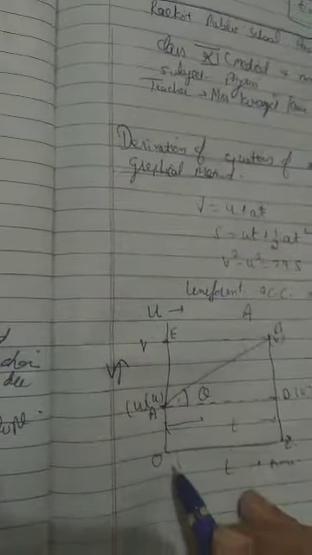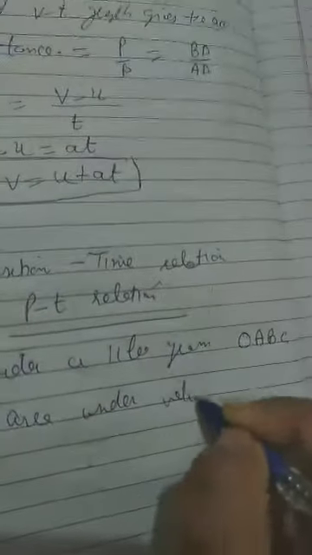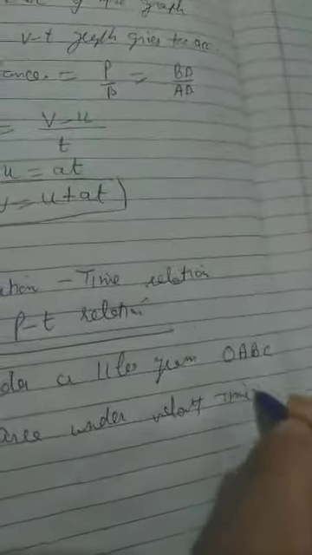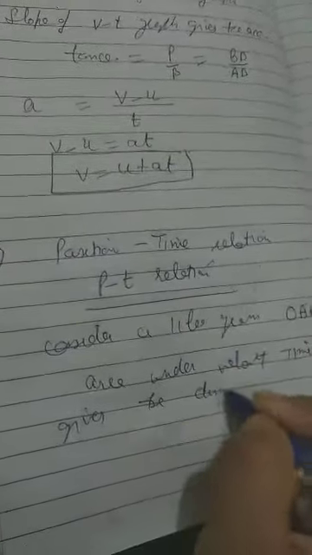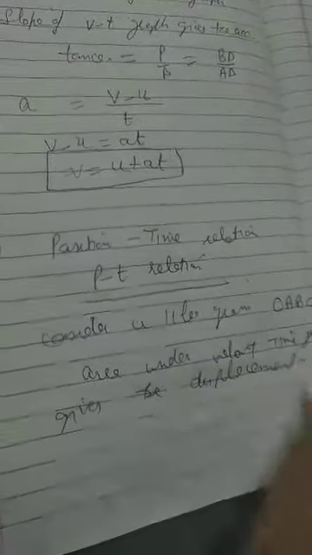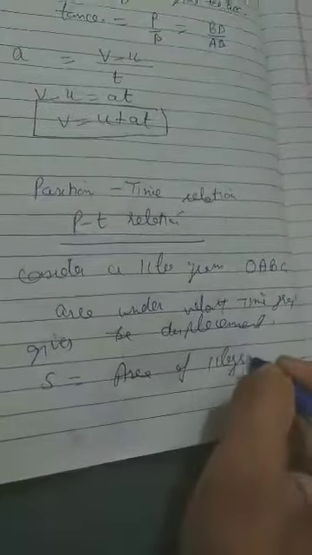So we will consider this portion, and we know that the area under the velocity time graph gives the displacement. We already know this. Why? When we discussed the graphs, we already saw that. So we will say that s is equal to the area of the parallelogram OABC.